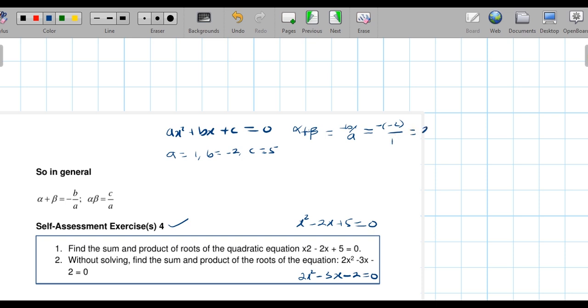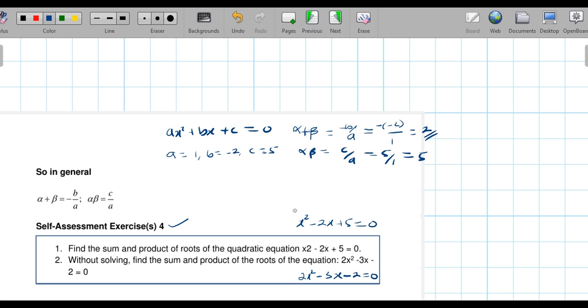So we are going to have 2. The sum of the roots is 2. Let's look at the product, which is c over a, and c is 5 and a is 1. So the product is 5 and the sum is 2.